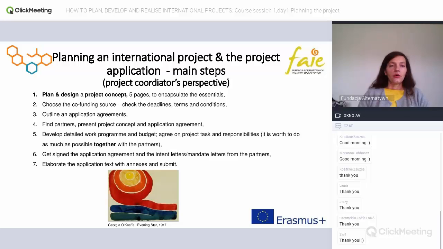The other important step is choosing the co-funding source, and it depends on what you would like to do. There are project grant programs wonderful for education, like the Erasmus Plus program. There are grant programs great for culture, such as Creative Europe.